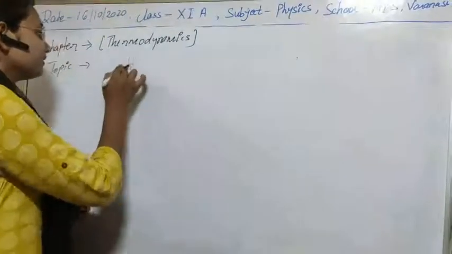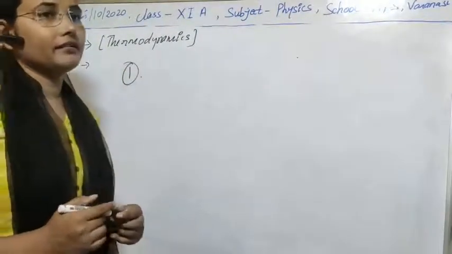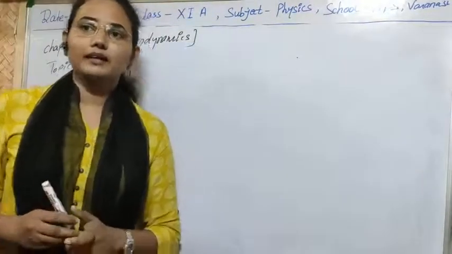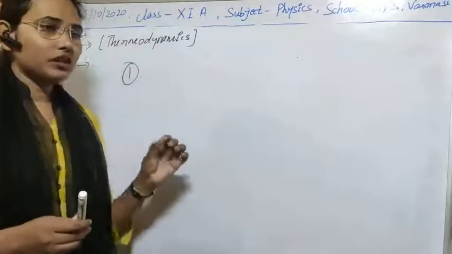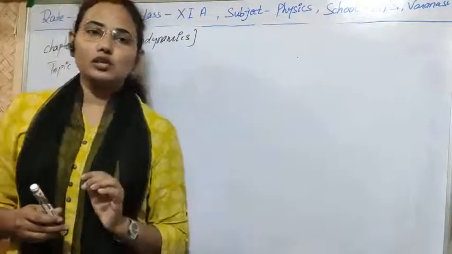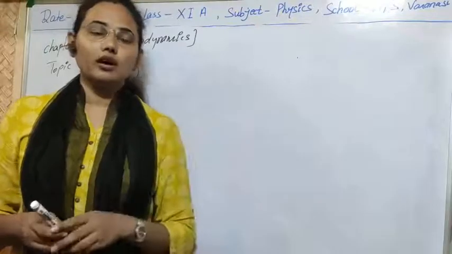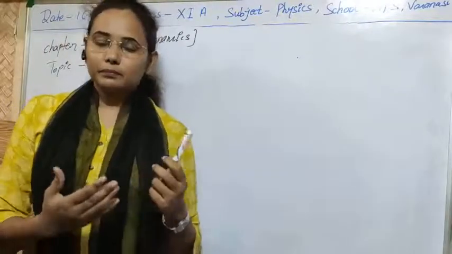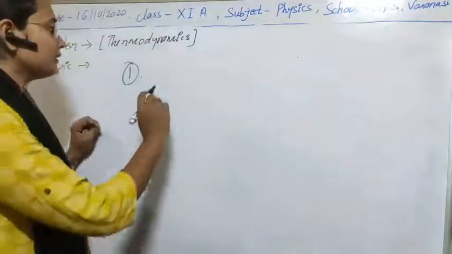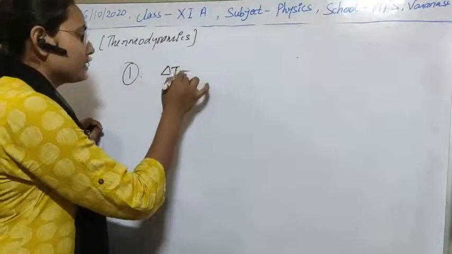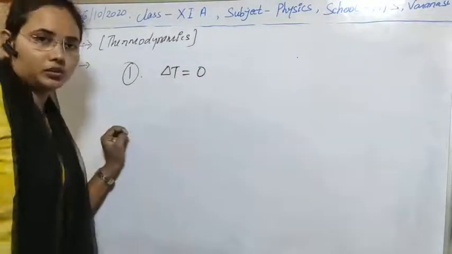The first is that, as I told you in the definition of isothermal and adiabatic, in the isothermal process temperature remains constant during the change of state or any process. So it means that the change in temperature will be 0.